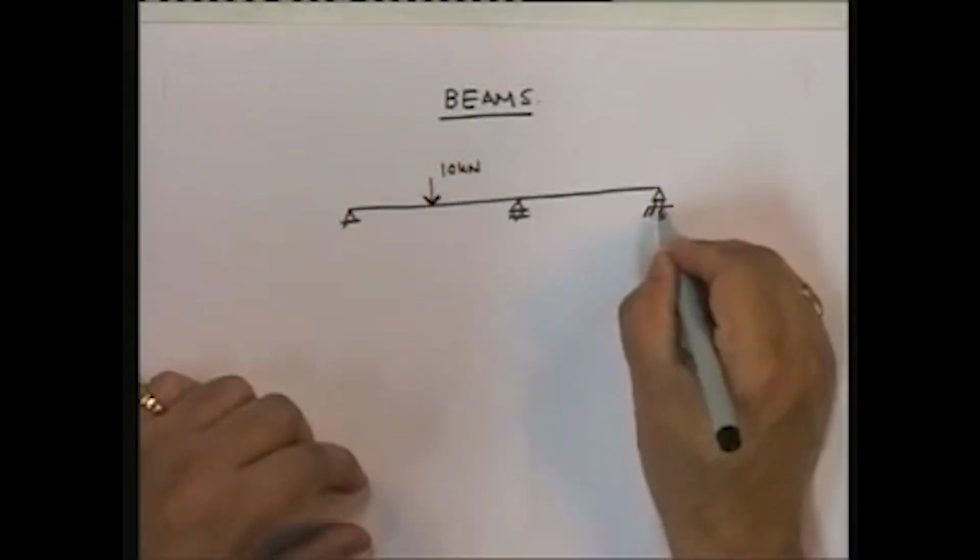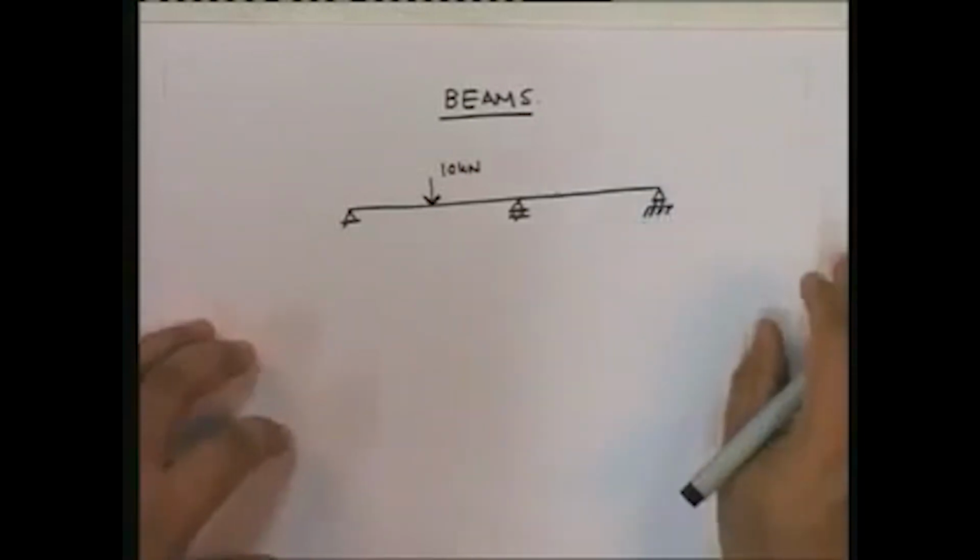The foundation deforms under the load that the pier puts on it and it settles. And if the foundation settles, then the top of the pier also settles, and the support of the beam on top of the pier will also move, and that is support settlement.